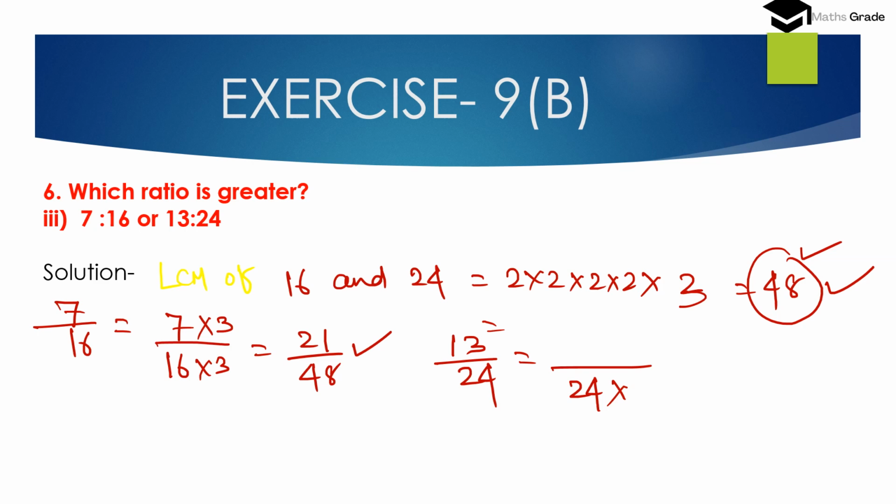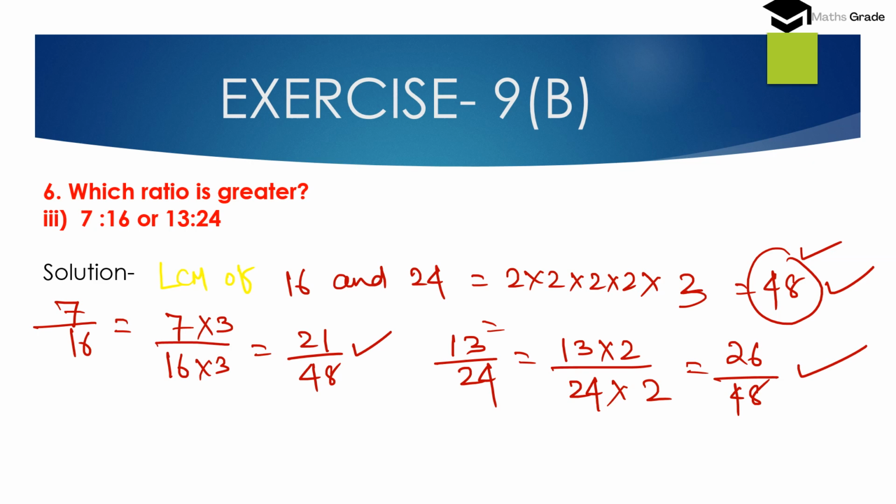We know in the table of 24, multiplying the number 2 with 24, we get 48. So we have to multiply the same number 2 with the antecedent 13. So 13 multiplied by 2 is 26. Now 26 divided by 48 is the equivalent ratio of 13 divided by 24.